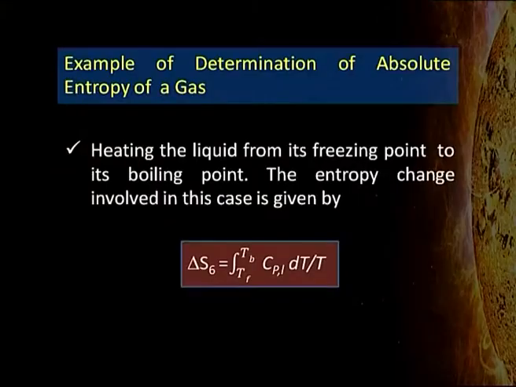Now the liquid will be heated from its freezing point to its boiling point. The entropy change involved in this case is given by delta S6, which is equal to the integral of Cpl divided by T dT within the limits Tf to Tb.